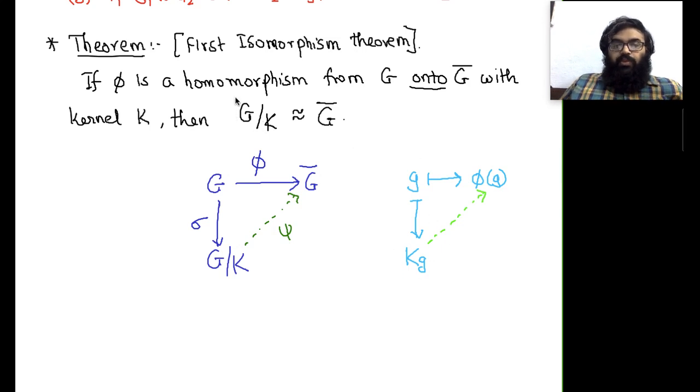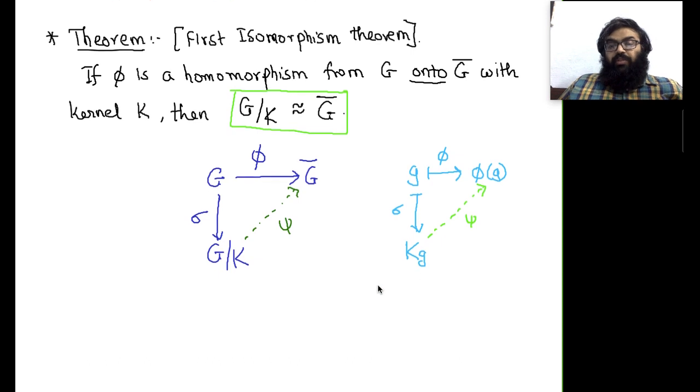We want to show that these two are isomorphic. So how do we do this? We need a homomorphism from G quotient K to G bar. How do we get it? Using these two homomorphisms: this one is psi, this one is phi, this one is sigma. So sigma of g equals Kg, right?